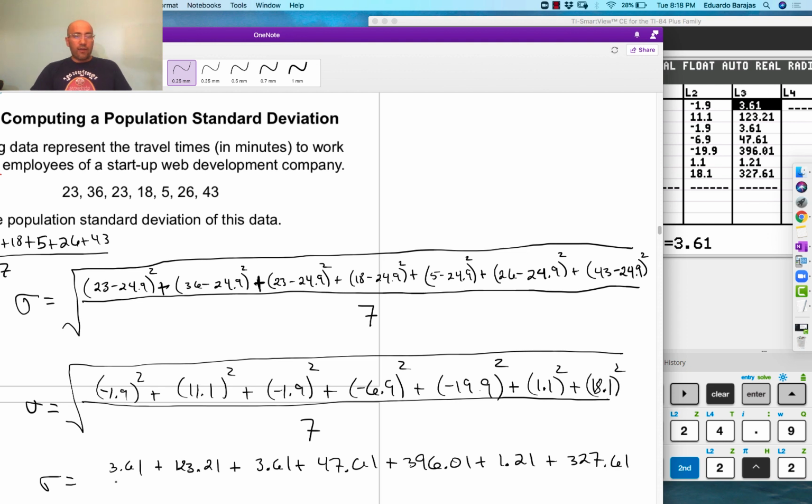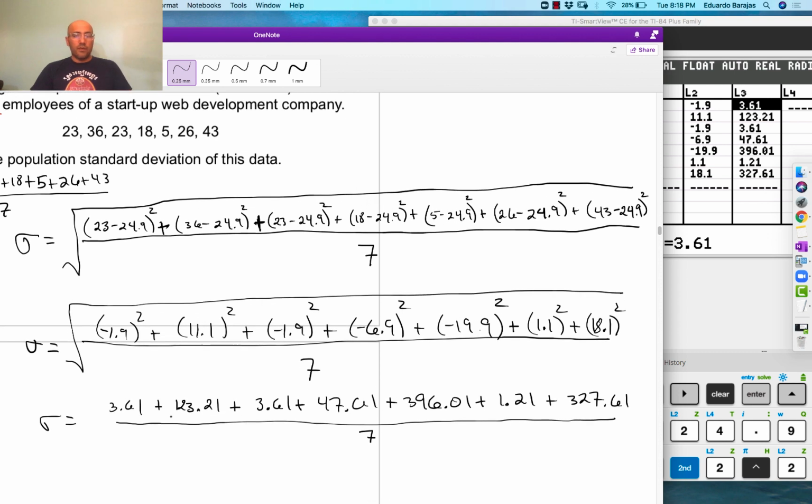All of that, we add all of those numbers. Once we find the sum of all of those numbers, we divide by 7. And then finally, as a last step, we take the square root of all of those.